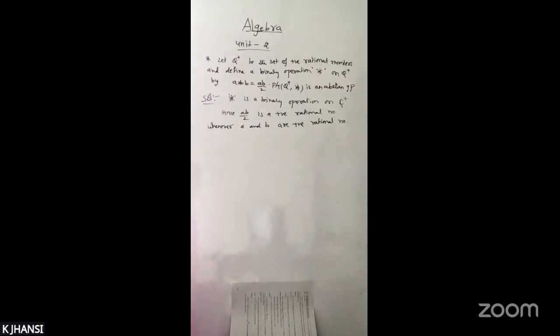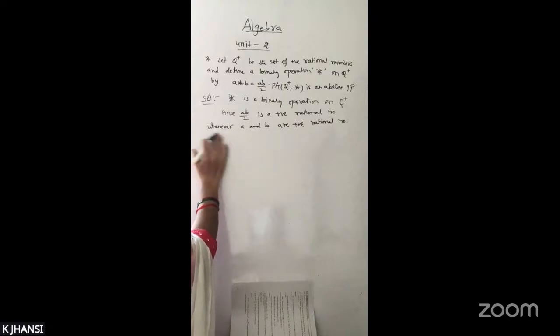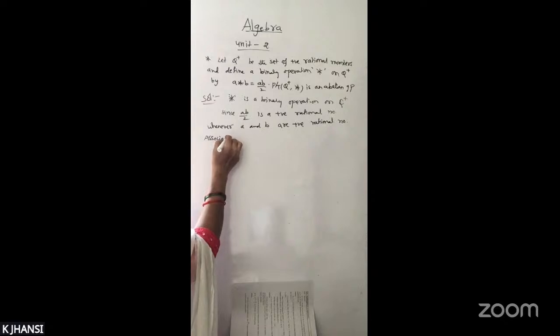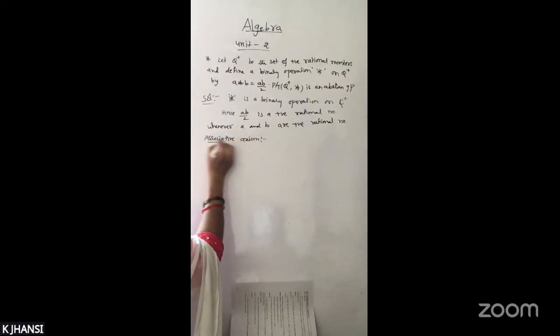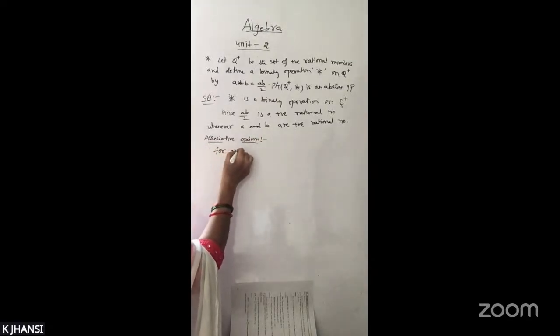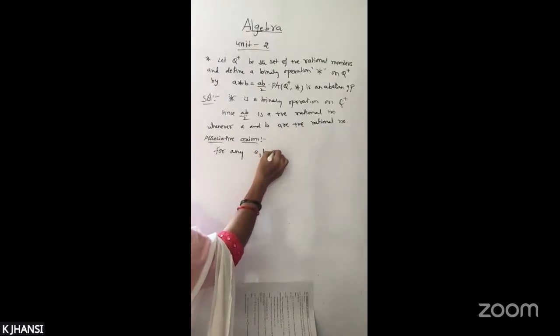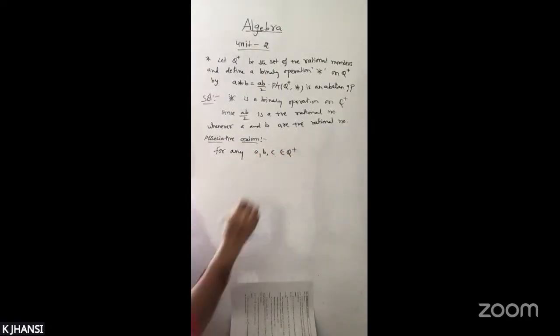Next we are going for the associative property, that is, for any A comma B comma C belongs to Q plus.